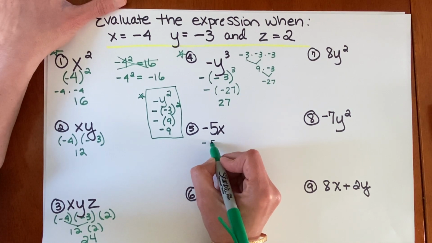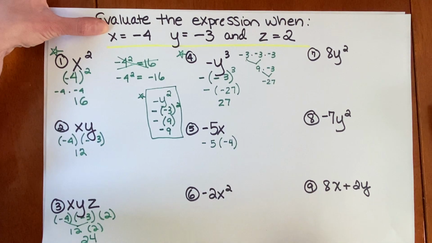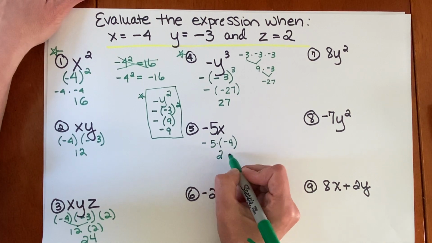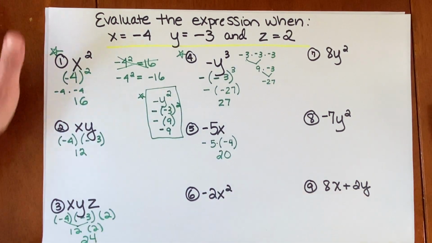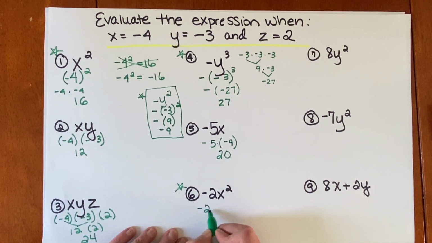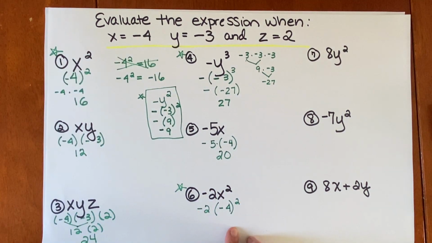Number 5 is -5 times -4, right? There's that invisible multiplication sign for this evaluation. Final answer is 20. Loving number 6. -2 times -4 squared. Okay, plugging in. Okay, we're going to follow order of operations.